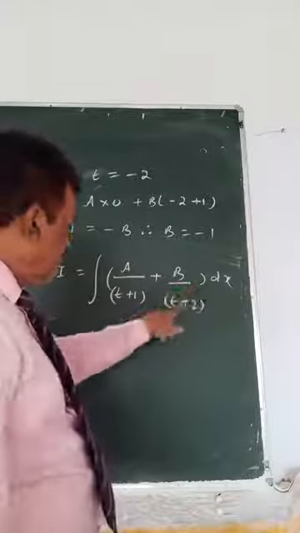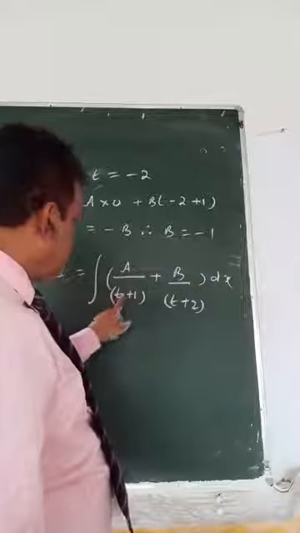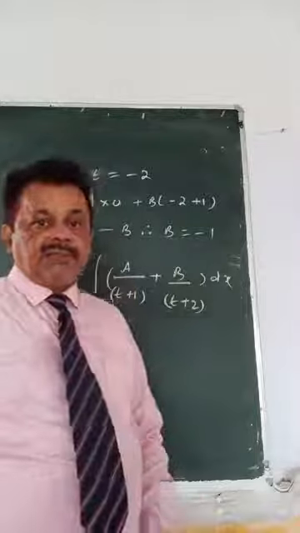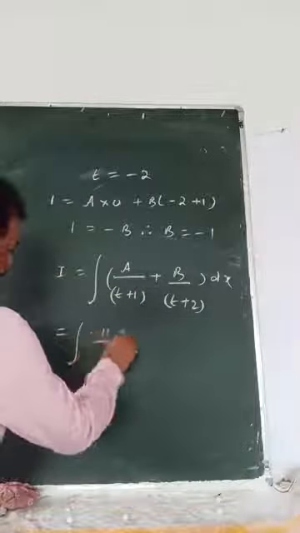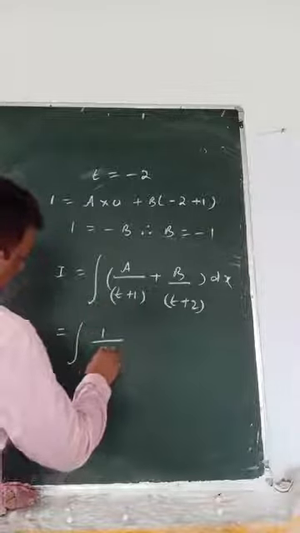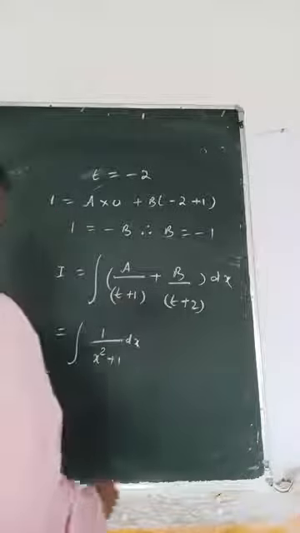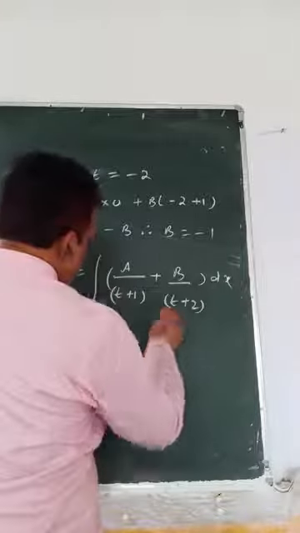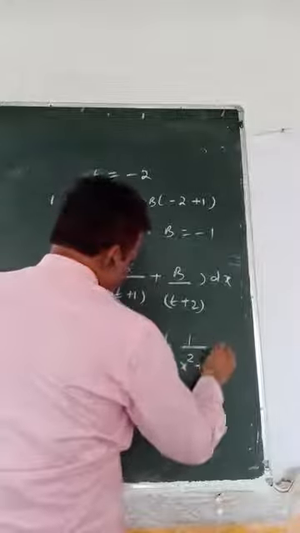So here what you will do is, you will put the value of a and b, also the value of t, after that you will integrate. Means you are going to get 1 by (x square plus 1) dx minus 1 by (x square plus 2) dx.